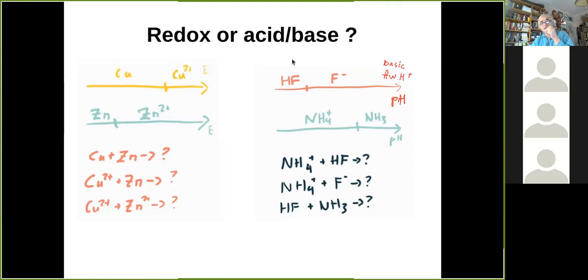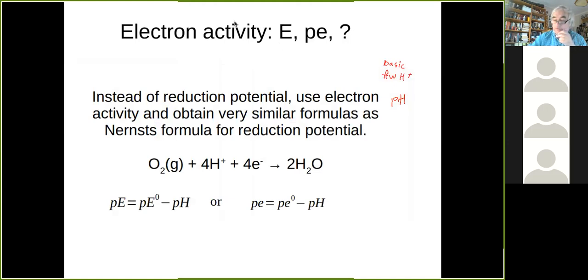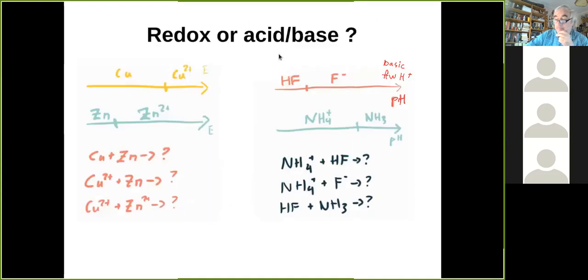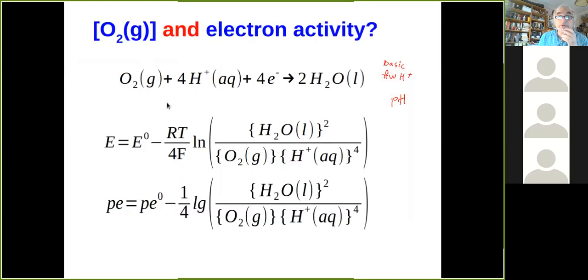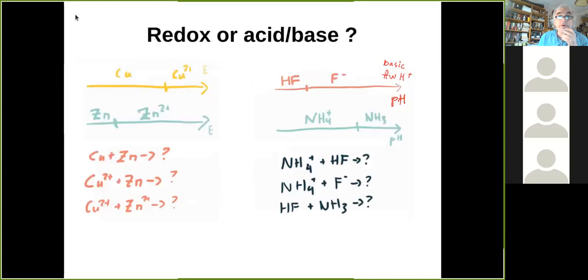And just using that observation and mapping it onto the redox case, here we have few electrons or a low electron activity.